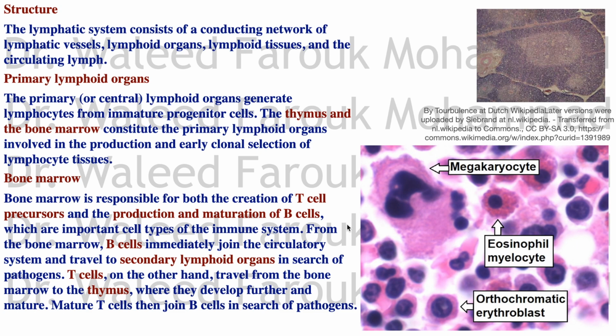Now the B cells join the circulatory system and travel to secondary lymphoid organs in search for pathogens, for example the lymph nodes and the spleen. While the T cells travel from the bone marrow to the thymus to continue their maturation in the thymus.